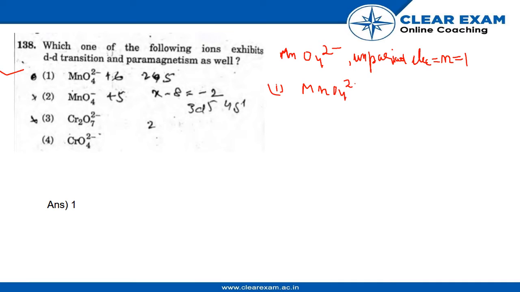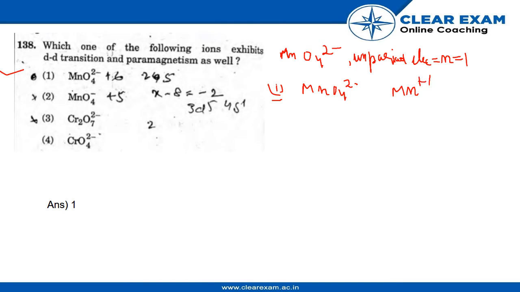So in the particular case of MnO4 2 minus, taking the first case, it has a plus 6 oxidation state with the outer electronic configuration.